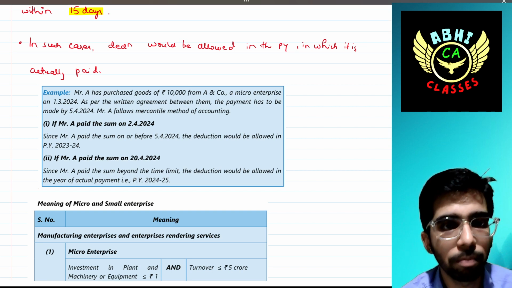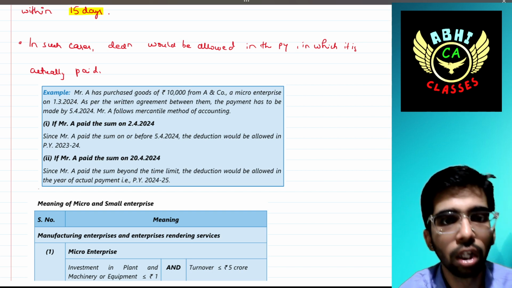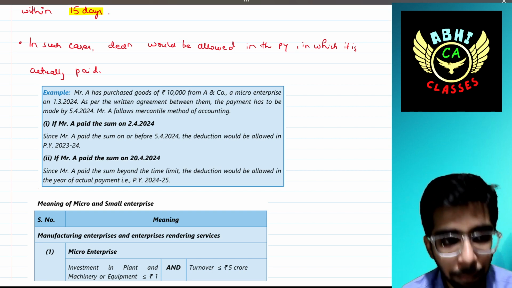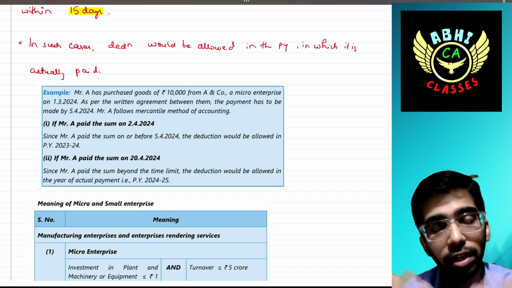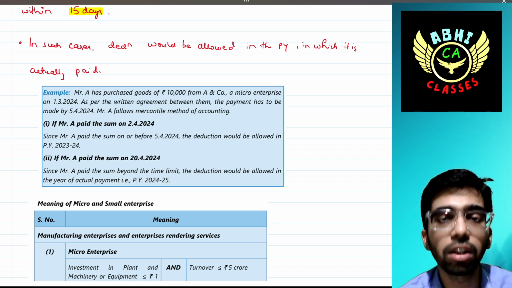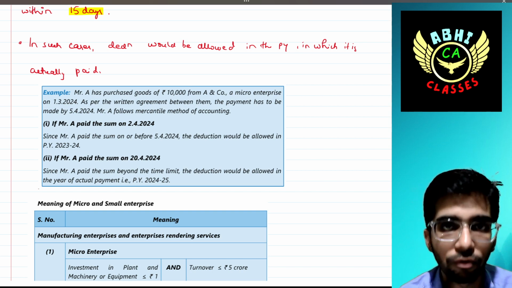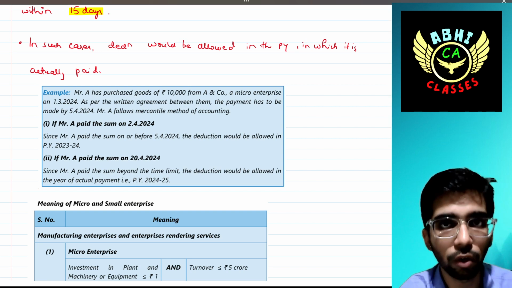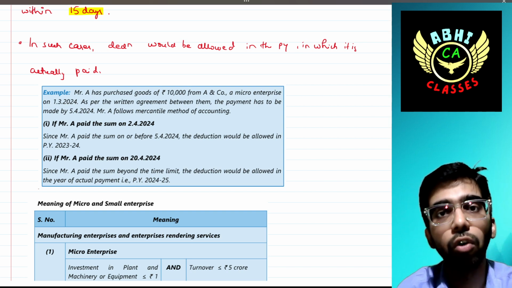Since the payment is before 5th April 2024, the deduction would be allowed in 23-24 only. If Mr. A paid the sum on 20th April 2024, after the written agreement date, then the deduction would be disallowed in 23-24 and allowed in 24-25.